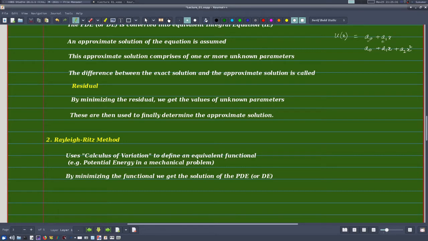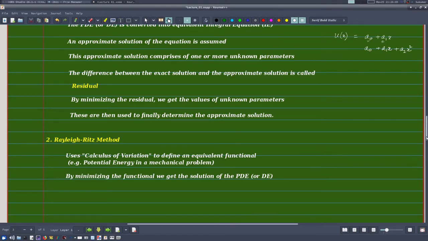You know that potential energy is minimized for equilibrium of any loaded body, and therefore by minimizing the functional, we are able to find the solution of the differential equation. So these are the basic premises of these two methods, Galerkin's method and the Rayleigh-Ritz method, to find the approximate solution of our partial differential equations.